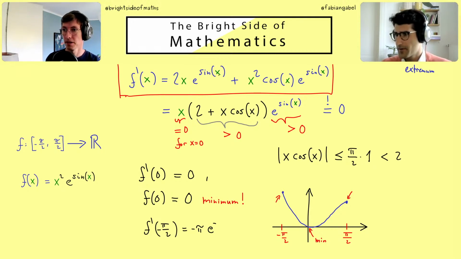Yeah, because the sine of minus pi over 2 is minus 1. I was shortly confused, but we put in minus pi over 2. But it doesn't matter, it's still positive. The important part is that we have a negative sign in front of pi. So this is a negative value. So we have indeed what we have here in the sketch. This is a local maximum at the boundary point, because the derivative is negative at this point.